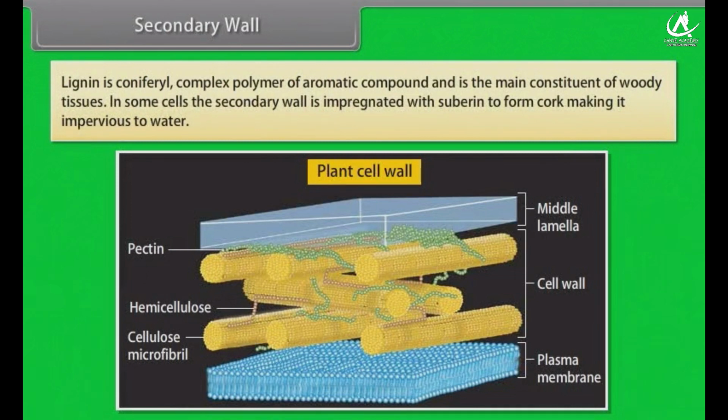Lignin is coniferyl, complex polymer of aromatic compound and is the main constituent of woody tissues. In some cells, the secondary wall is impregnated with suberin to form cork, making it impervious to water.